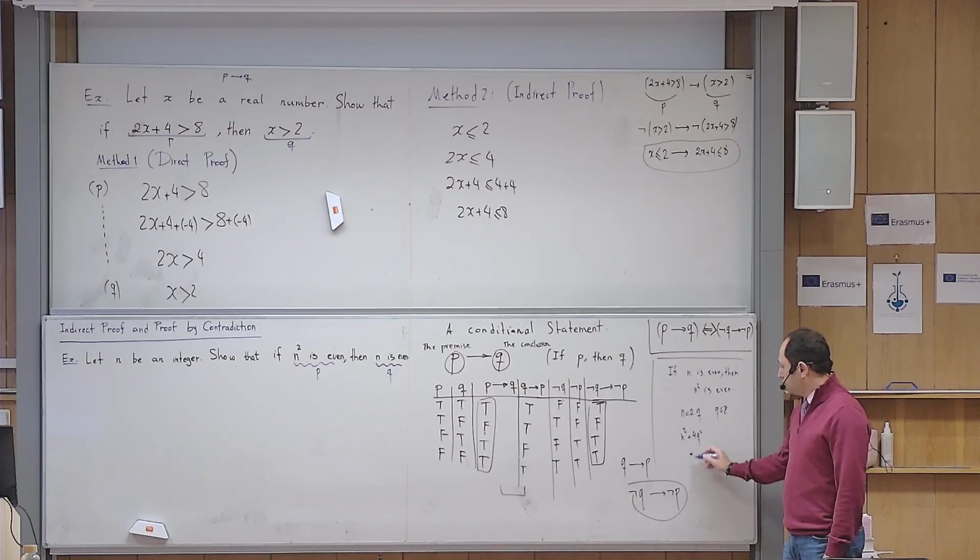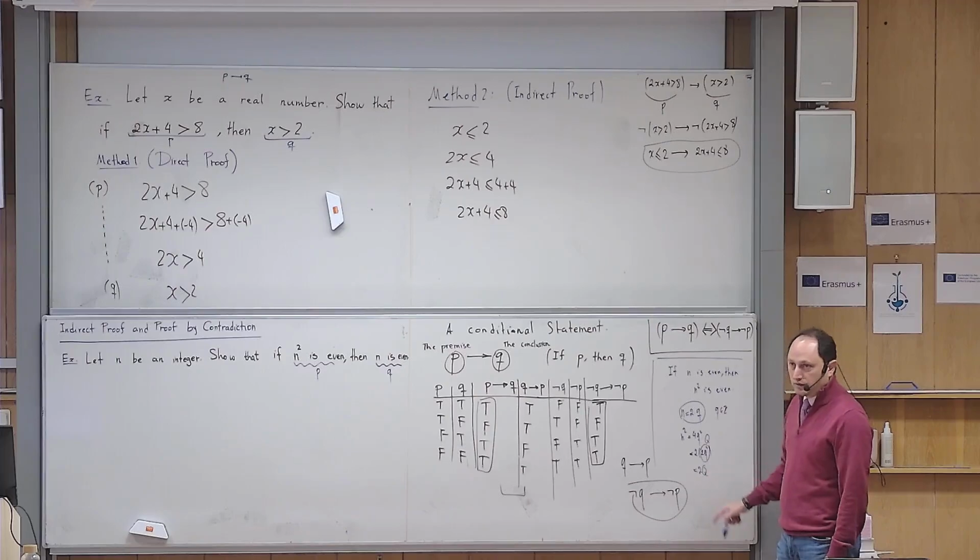But 4q squared can also be written as 2 times 2q squared. 2q squared is an integer, so I can call it capital Q, so it becomes 2 times Q. So if you grant me that n is a multiple of 2, meaning that n is even, by doing this very simple algebra, I realize n squared is a multiple of 2 as well, so it means n squared is also even. So the proof of this one is easy.